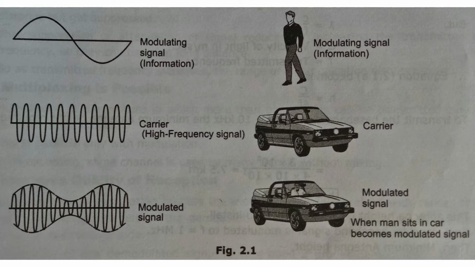Now the third waveform shows the modulated signal. When the person is sitting in the car, the signal generated is called the modulated signal, and easy transmission occurs.